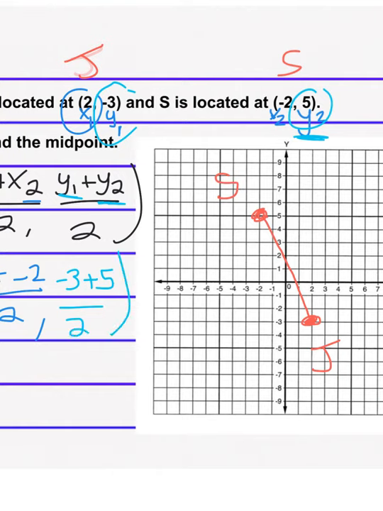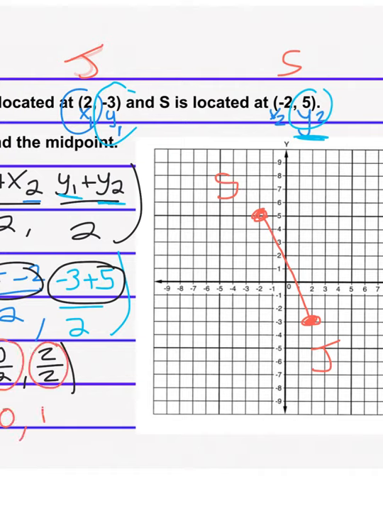Then you can use a calculator if you want to. 2 plus -2, 2 minus 2 is 0. -3 plus 5 is 2. Then don't forget to divide by 2. 0 divided by 2 gives me 0. 2 divided by 2 gives me 1.